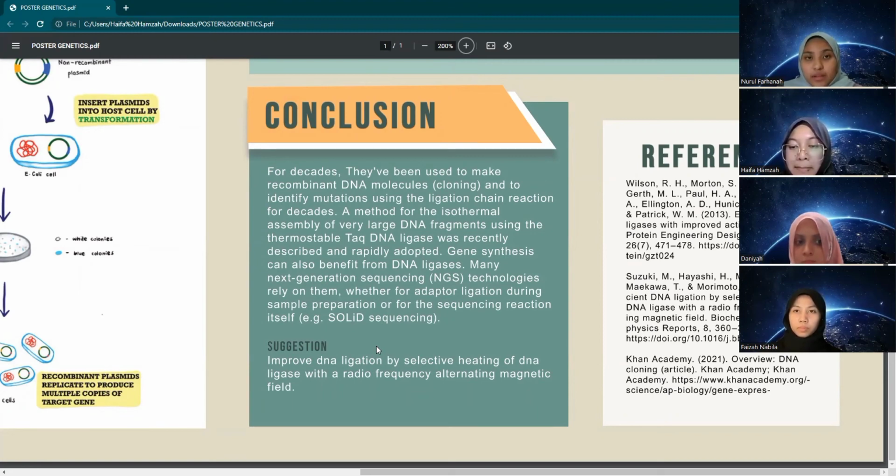Second, ligase chain reaction is also important in many next generation systems. What is next generation sequencing? It is a technology used to detect the order of nucleotides in a single genome or targeted regions of DNA or RNA. So DNA ligase will be used to identify the nucleotide present at a given position in a DNA sequence.